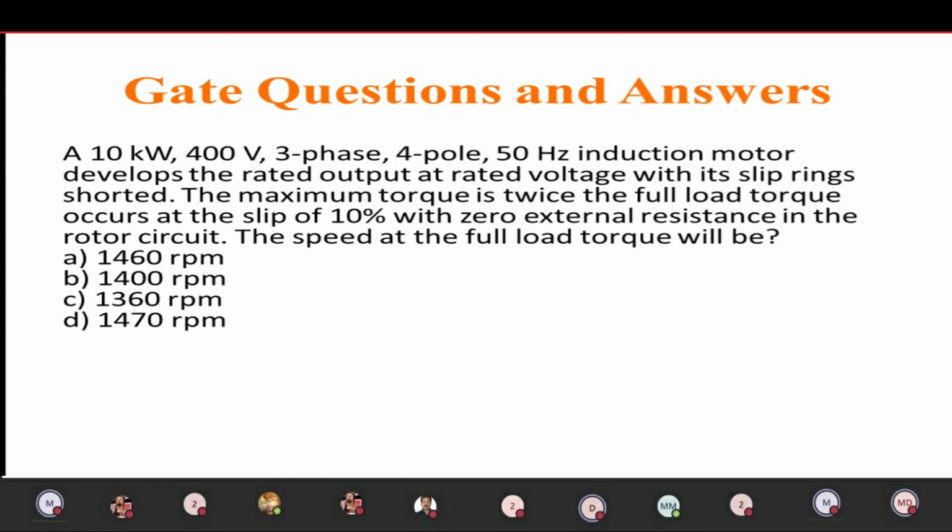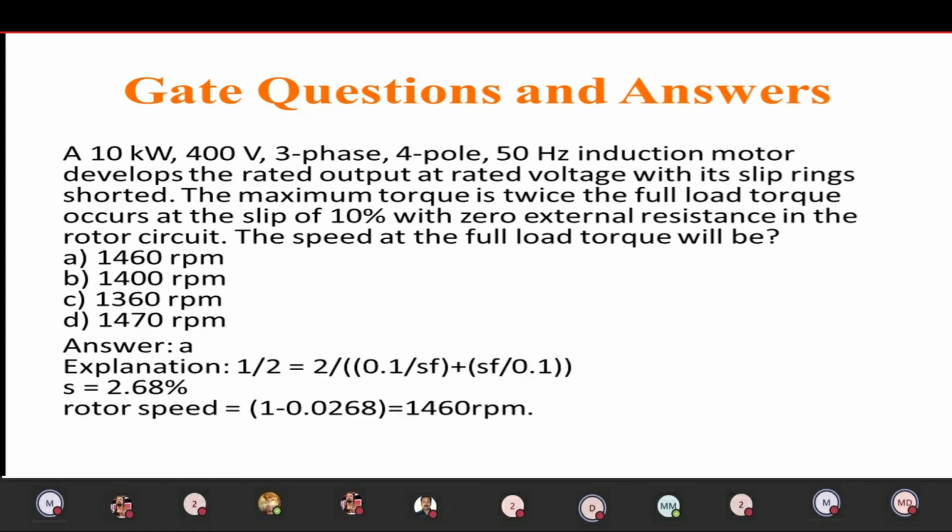The speed at full load torque will be, we have 4 answers: 1460 rpm, 1400 rpm, 1360 rpm, 1470 rpm. So the answer is A, 1460 rpm.